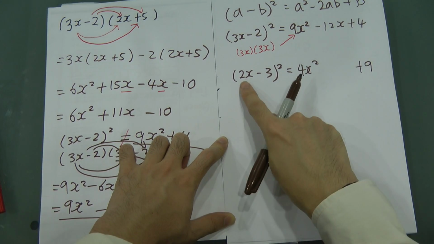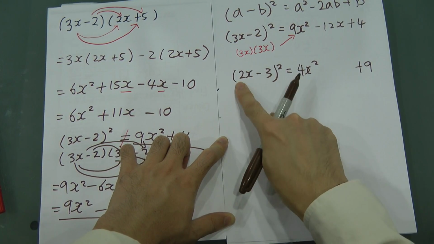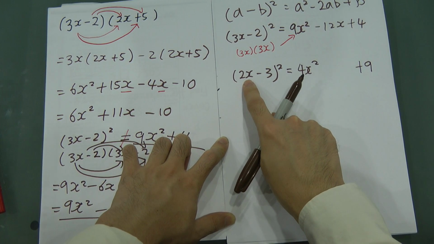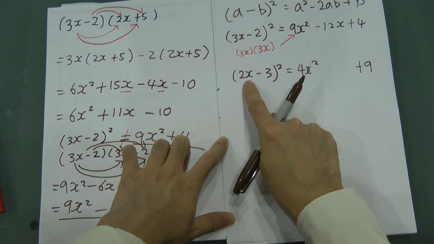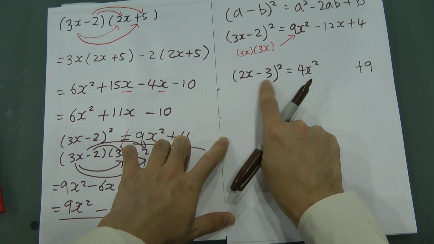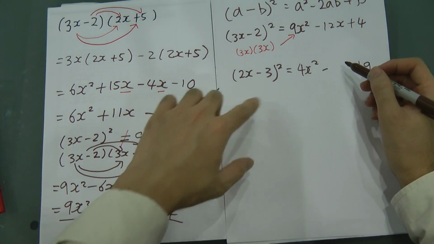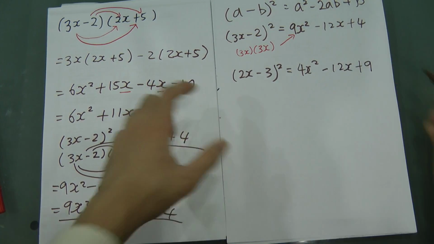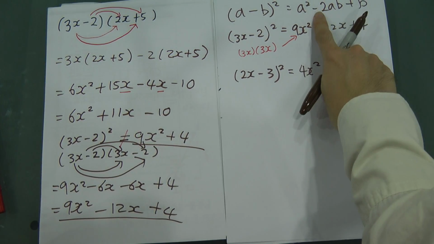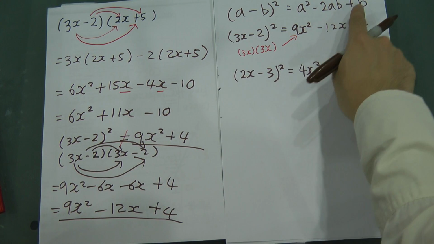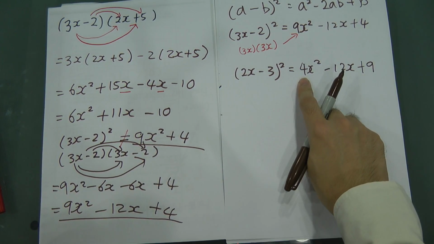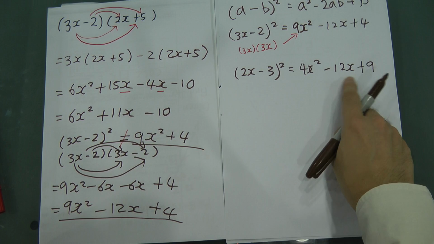And then 2 multiplied by this one, multiplied by this one, 2ab. 2 multiplied by 2x, we get 4x. 4x multiplied by negative 3, we get negative 12x. Okay, because the formula is a squared minus 2ab plus b squared.